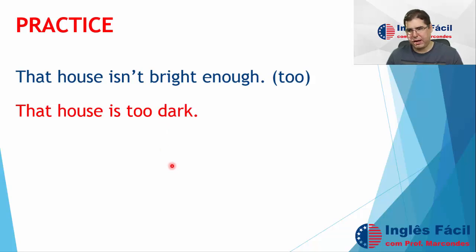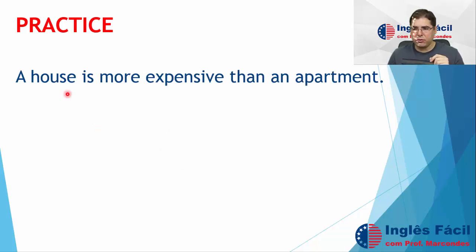They mean the same. Now, a house is more expensive than an apartment. So this is a comparison, right? A house is more expensive than an apartment. So if this is a comparison, how can I write this using as? First, are they equal? No, they are different, right? Houses are more expensive, means apartments are cheaper, okay?